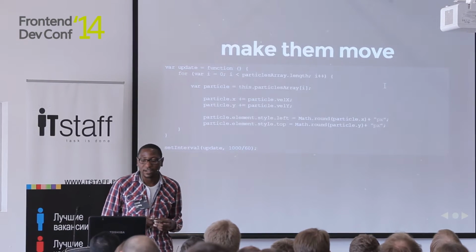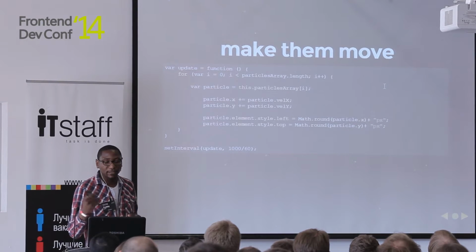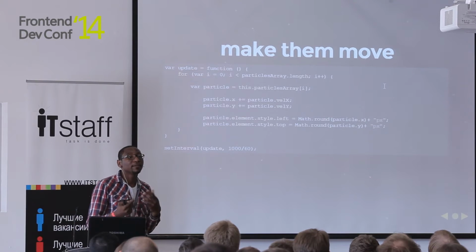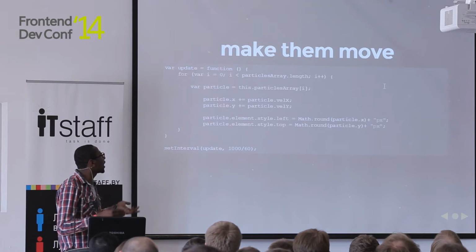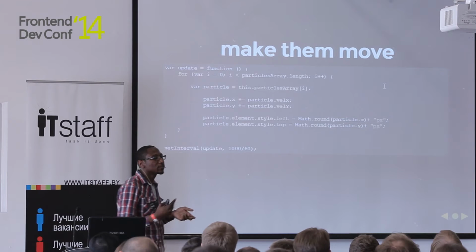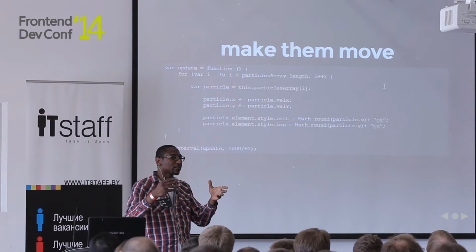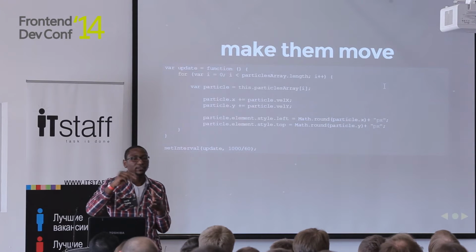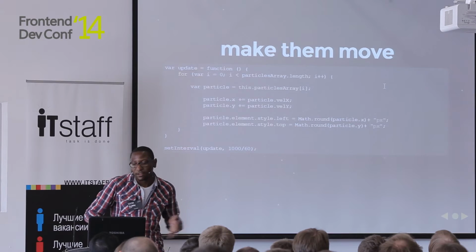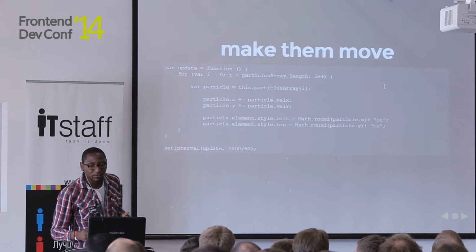Then we apply the top and the left positioning, but by Math.round-ing the position x and y. We don't have to round them, but it's just nicer when you inspect your particle system. You have rounded numbers and not 1.99991. It's just better to do that.